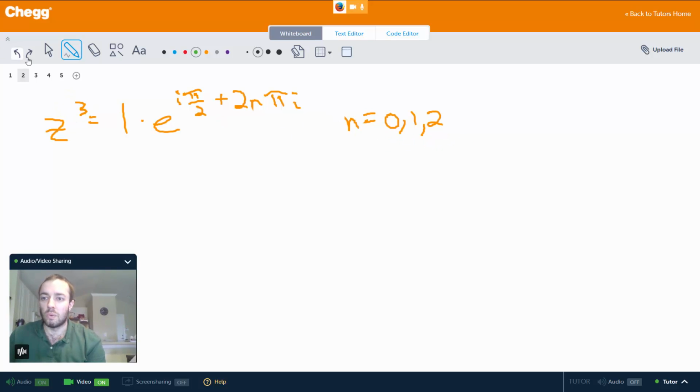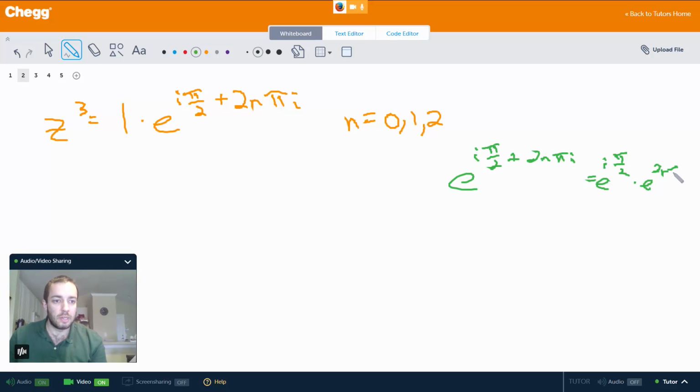Now, why are we doing this at all? Why are we adding this 2n pi i? Is that even okay? Well, first let me come off to the side here and say e to the i pi over 2 plus 2n pi i is the same thing as e to the i pi over 2 times e to the 2n pi i. That's just a property of exponents.